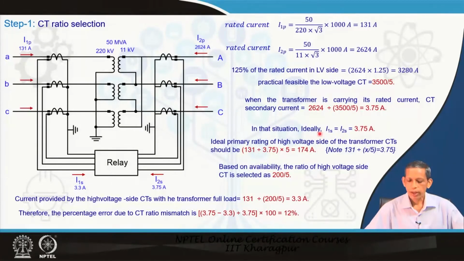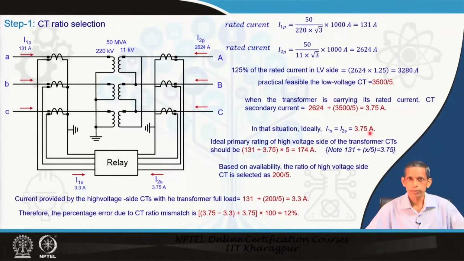In that situation, ideally the secondary current on the high voltage side should also be 3.75 ampere. So, our CT selection should be such that the current from this side is the same, so that the differential current becomes 0. This is the normal situation, and then we say that our selection of CT is ideal and justified.